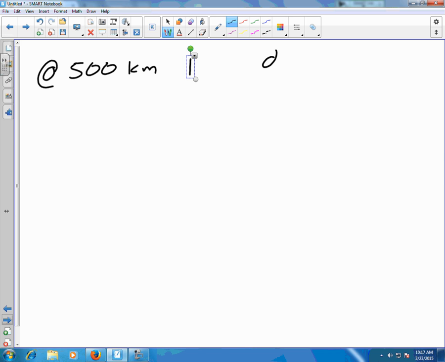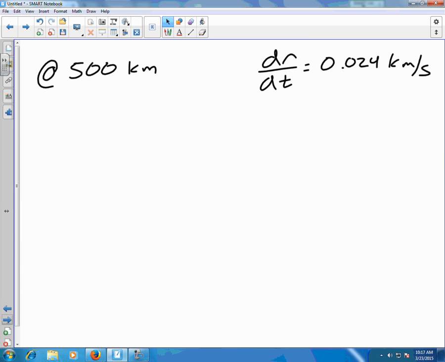we know the change in radius, so 500 kilometers, and we know the rate is 0.024 kilometers per second. This is essentially our linear velocity, if you think about it, where you're standing and something's coming towards you.